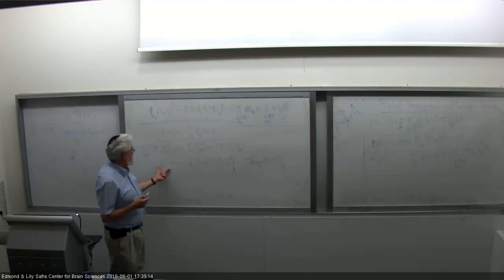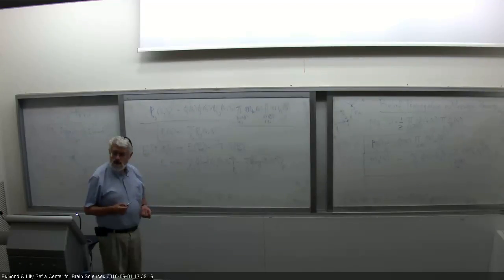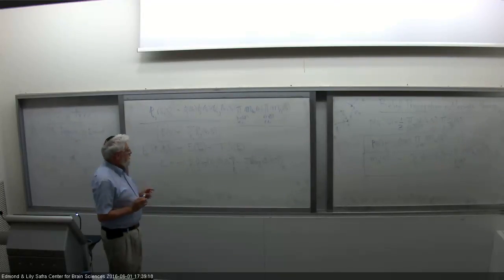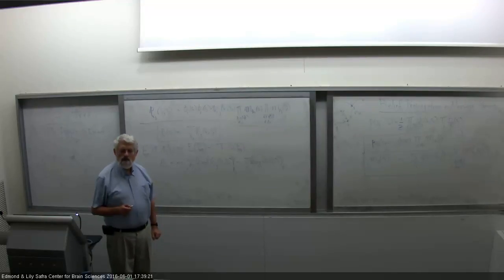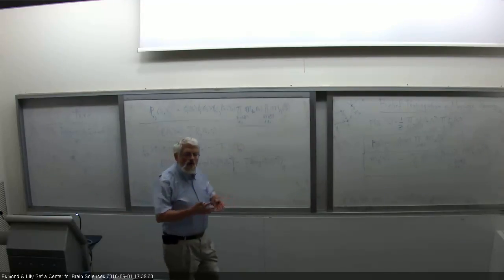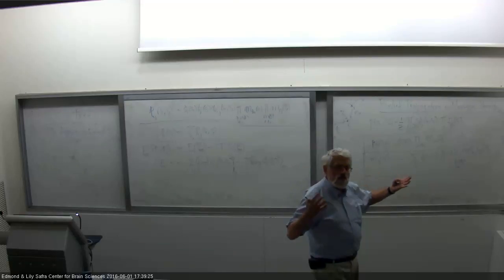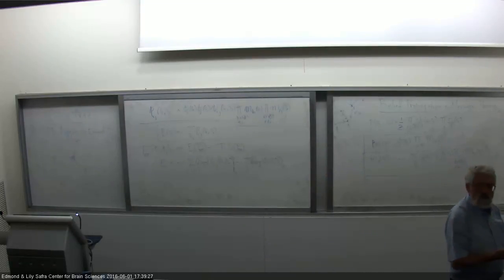That's the average energy as a function of those Pi and Pij. That's fine. But now what should I do with the entropy? Entropy is the log of the joint distribution. But I didn't say anything about the joint distribution. I just told you about the marginals.